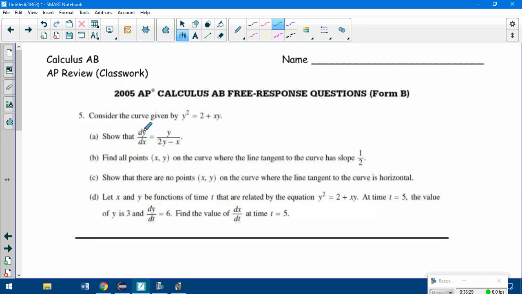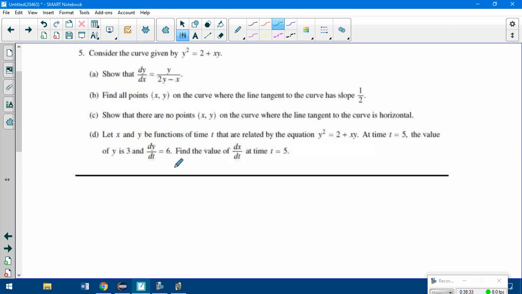Part A, show that dy over dx equals y over 2y minus x. Okay, so I've got the original equation. I want to find dy over dx. So what am I going to do? I'm going to find the derivative. And since it starts by looking like y squared equals 2 plus xy, how are you going to take that derivative? Implicit differentiation.